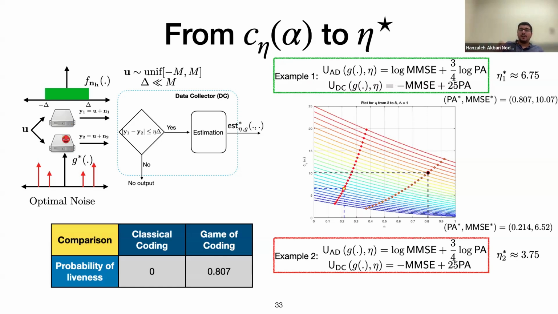Okay. But here, by utilizing game of coding, for 80% of the time we can output something. And maybe that's a good thing. I mean, for some cases, that's okay. 20% of the time we don't output anything, so we have safety, but 80% of the time we have both safety and liveness.